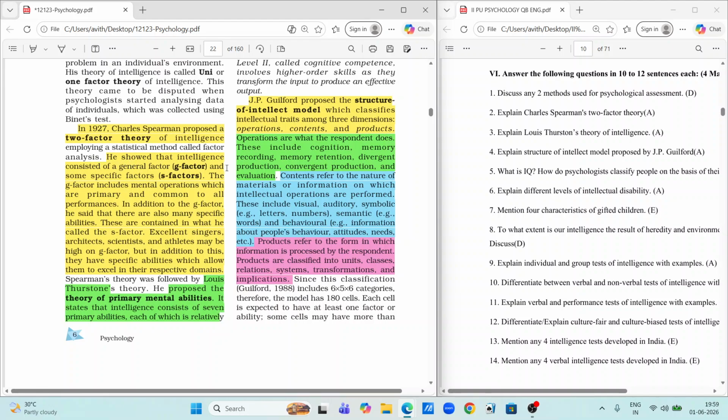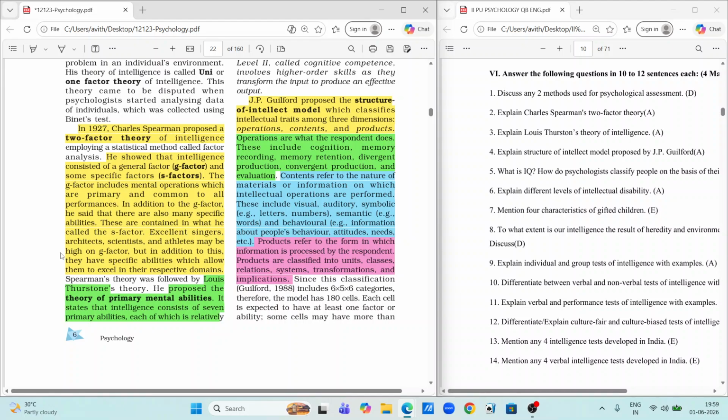He showed that intelligence consisted of two factors, that is, a general factor, the G factor, and some specific factors, S factors. The G factor includes mental operations which are primary and common to all performances. In addition to the G factor, he said that there are also many specific abilities. These are contained in what he called the S factor.